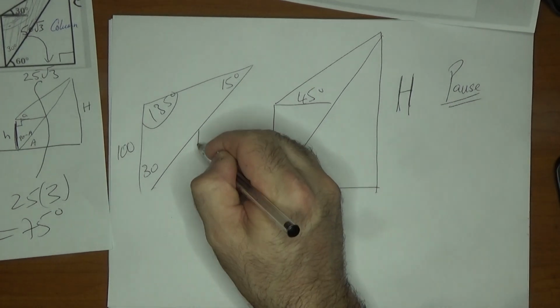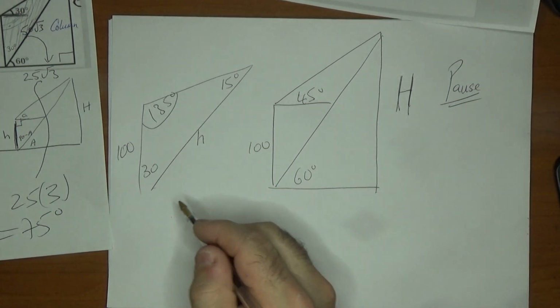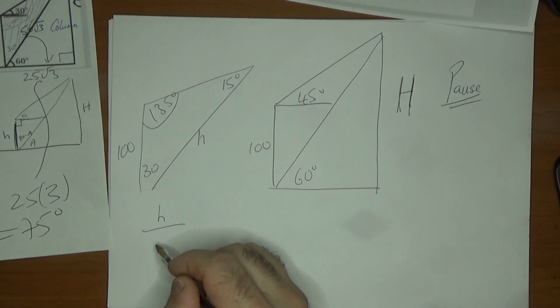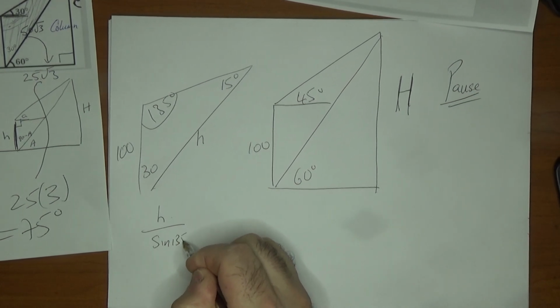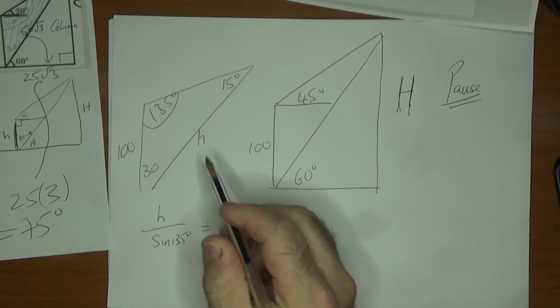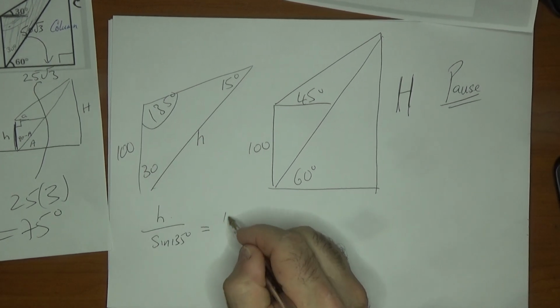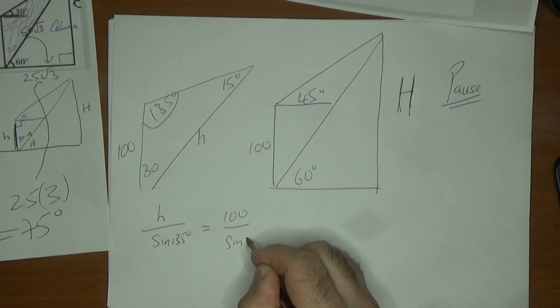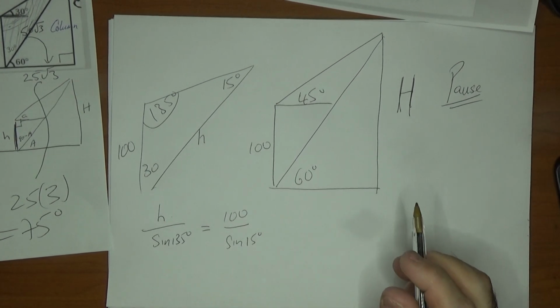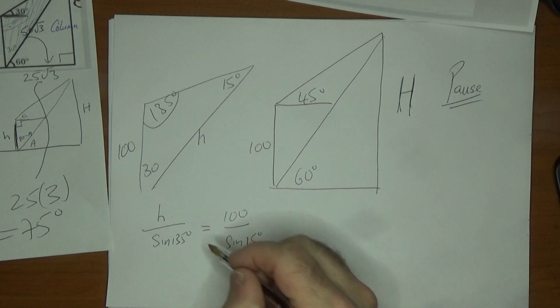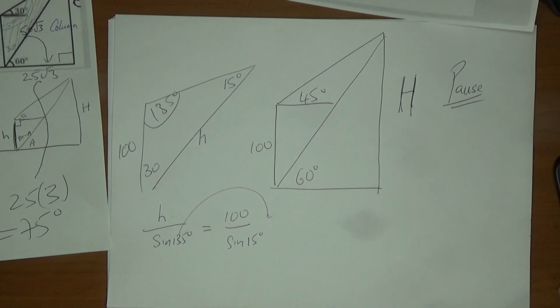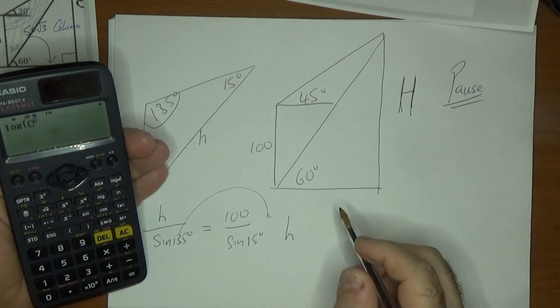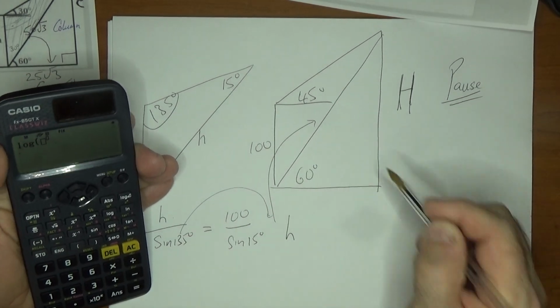That allowed us to get the hypotenuse, because the hypotenuse over the sine of 135 degrees was equal to 100 over the sine of 15 degrees. You can cross multiply by the sine of 135 there to get H, which is ultimately going to go here.